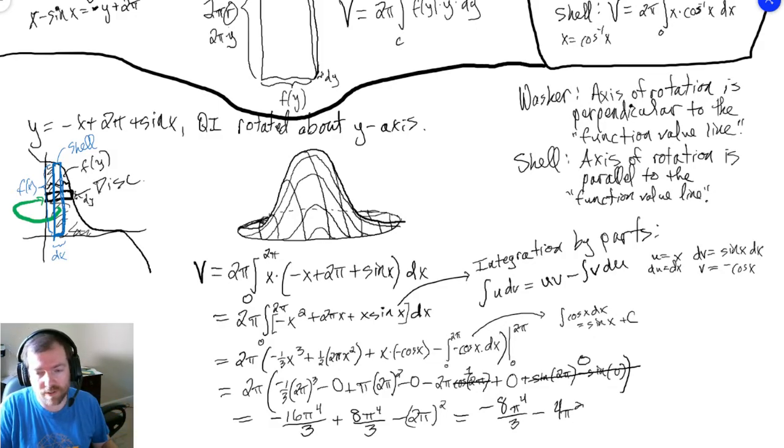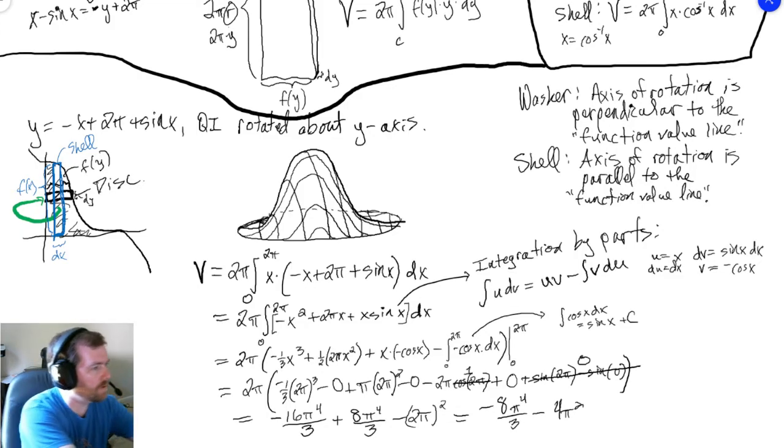Alright, so the second part is good. The negative 4 pi squared is fine. So that is all well and good. The problem is that right now we're having some issues with the first part.